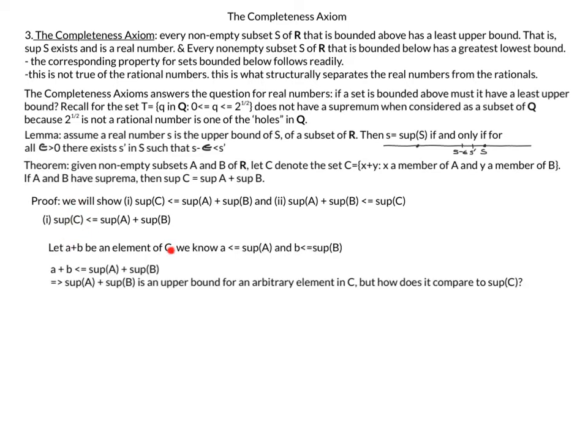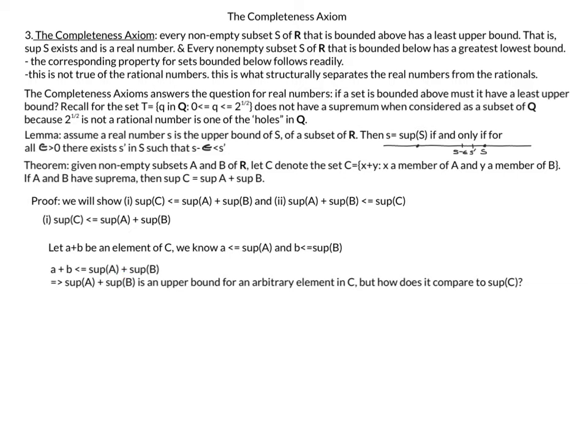So a plus b is an element of C because that's how we defined C. And we know that the element a is less than or equal to sup A, and element b is less than or equal to sup B, which means a plus b is less than or equal to sup A plus sup B. I was just about to declare victory and say I had shown this, but I haven't quite yet.